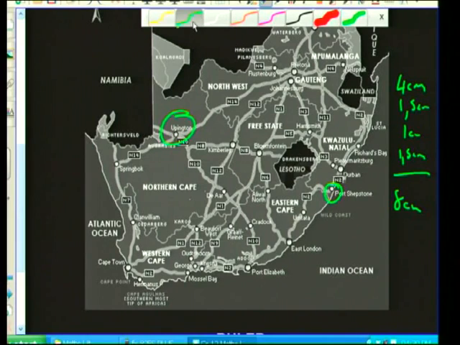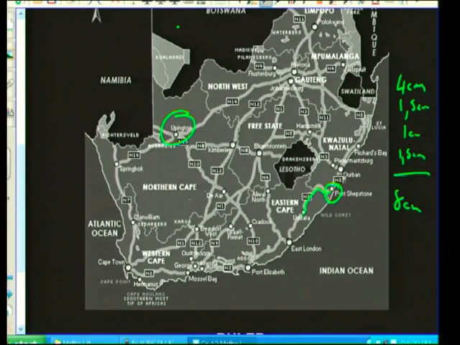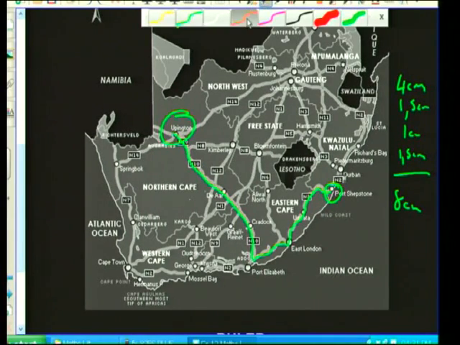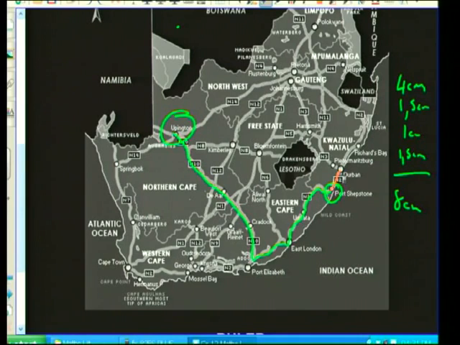Well, I would say one of the shortest routes is to go from Port Shepstone all the way past Mthatha to East London, go along towards Port Elizabeth, traveling along the N2, suddenly then say, you know what, hold on, before we get to PE, let's turn up along the N10 and keep going along the N10 all the way straight through to Upington.